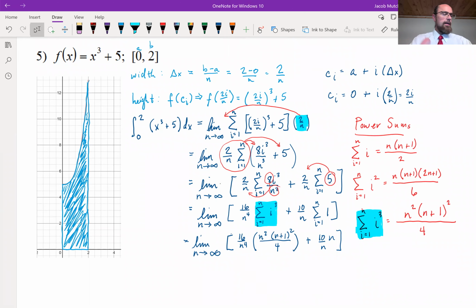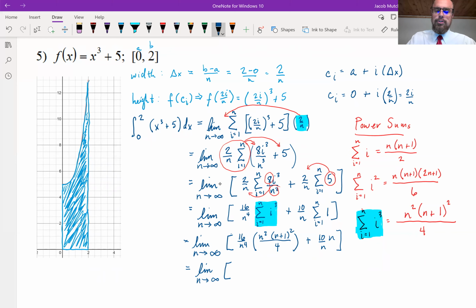For my next step, what I want to do is simplify, and I want to combine these multiplied fractions. I won't combine the sums, but let's simplify the products. So the limit again is as n goes to infinity. From this first multiplication, I got a 16 in the numerator, 4 in the denominator.